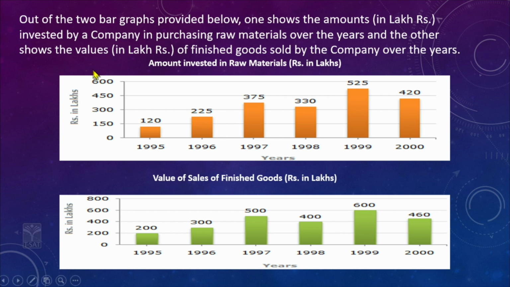Two bar graphs are given here. Out of the 2 bar graphs provided below, one shows the amount in lakhs invested by a company in purchasing raw material, that is, the amount invested in raw material procurement, and the second data is the value of sales of finished goods.